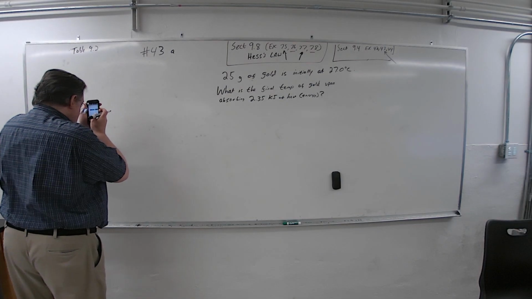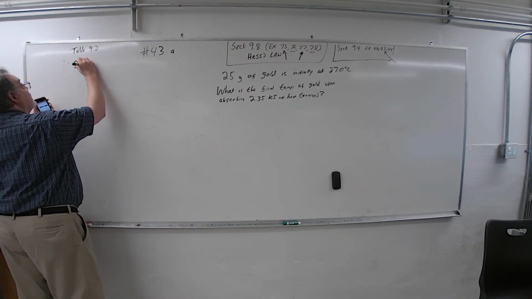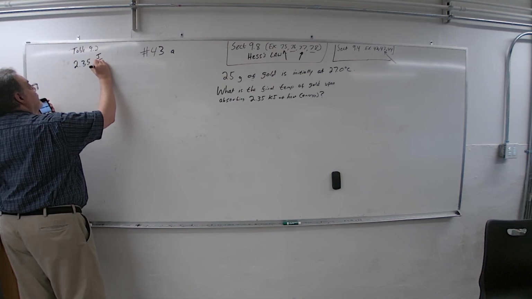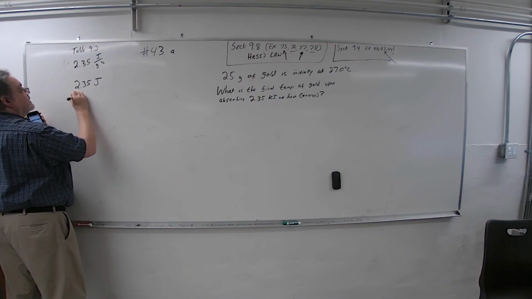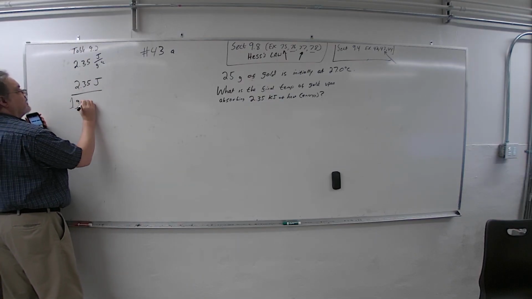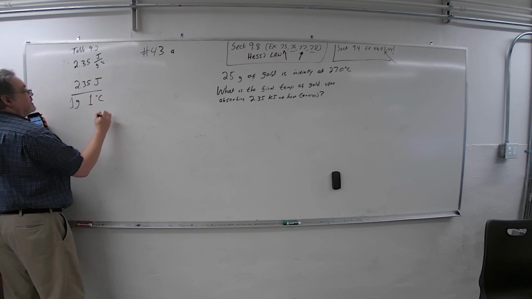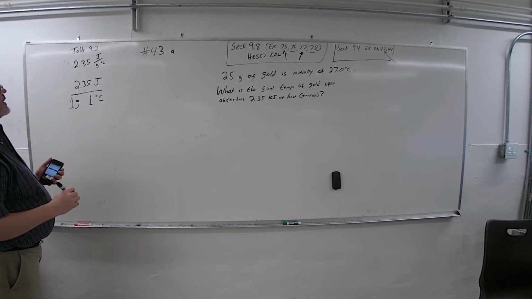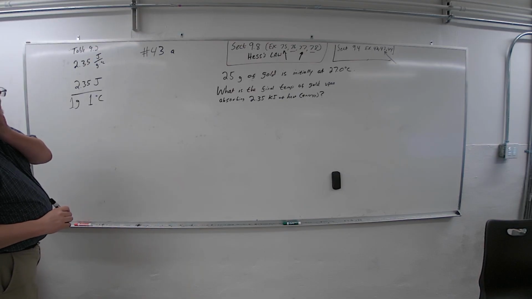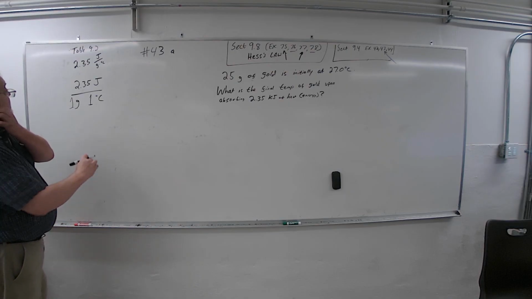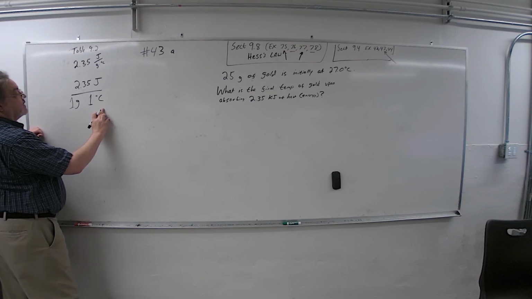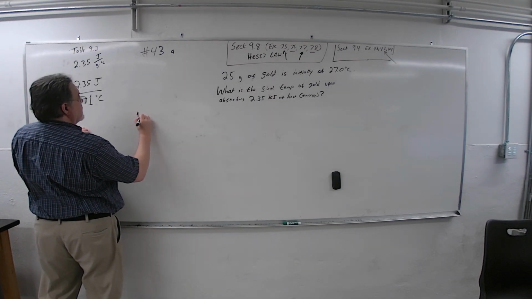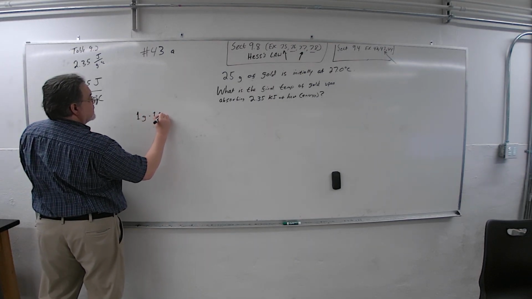It says 2.35 joules per gram per degree C, or 2.35 joules to 1 gram to 1 degree C. So we need to end on a temperature, so we need this on top: 1 gram times 1 degree C over.